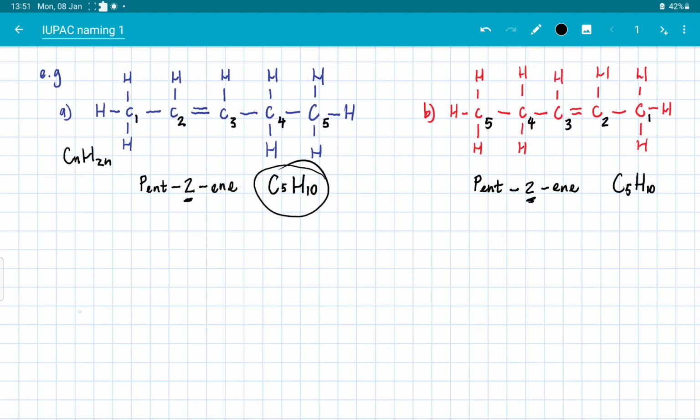Let's take this molecule: 1, 2, 3, 4, 5, 6. Okay, let's put hydrogens there.